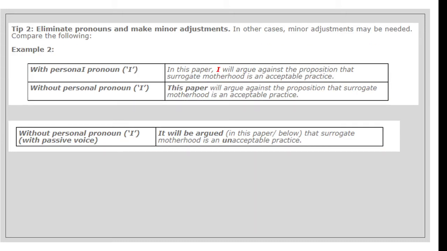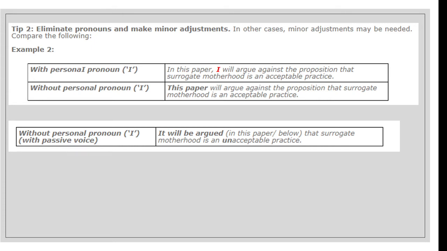Tip number 2. What you can do is to eliminate pronouns and make minor adjustments. In other cases, minor adjustments may be needed. Compare the following. Let's say the sentence with personal pronoun I would go like, in this paper, I will argue against the proposition that surrogate motherhood is an acceptable practice.